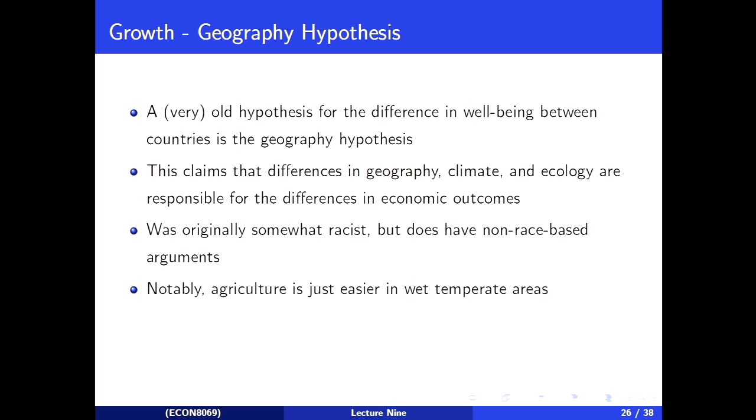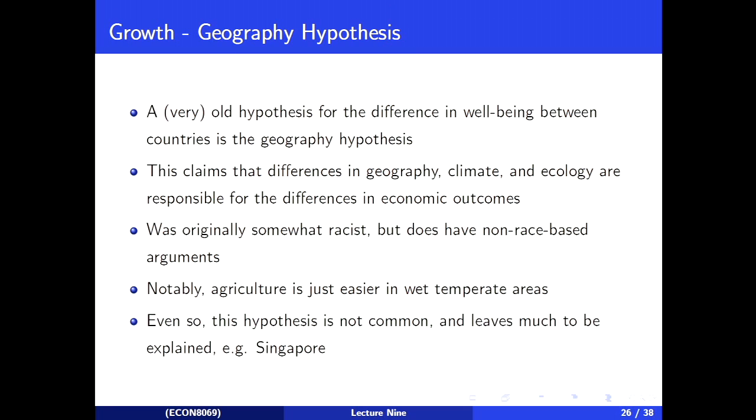If you look at places where there's lots of desert, then agriculture is very, very difficult, and so you would potentially argue that there might be lower potential output per capita due to the geography. Or areas that are particularly mountainous, where you can't get good transport links, might cause some problems. Even so, it's not a very common hypothesis for the difference, and it leaves a lot of things unexplained.